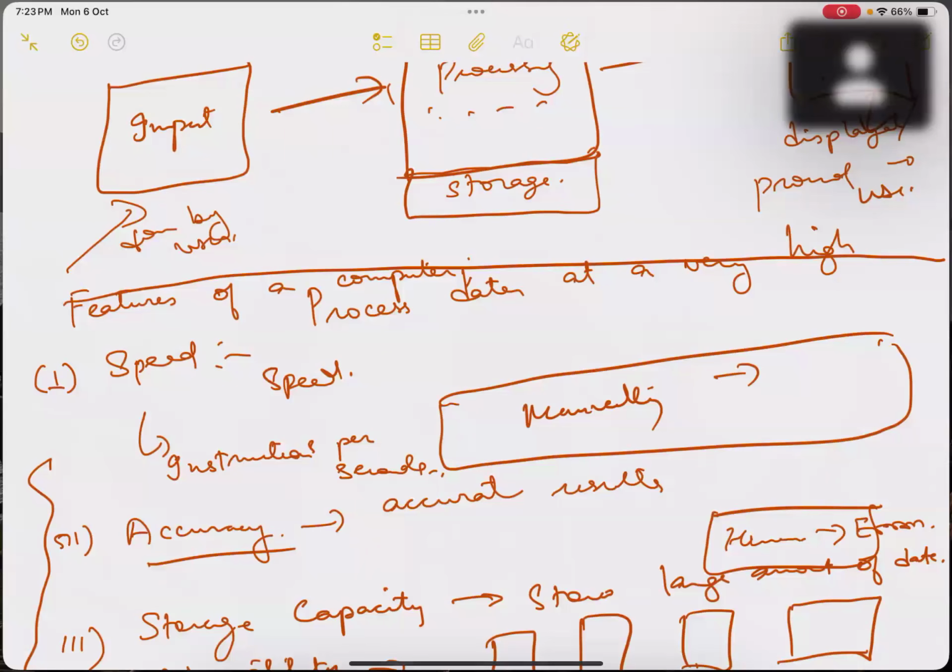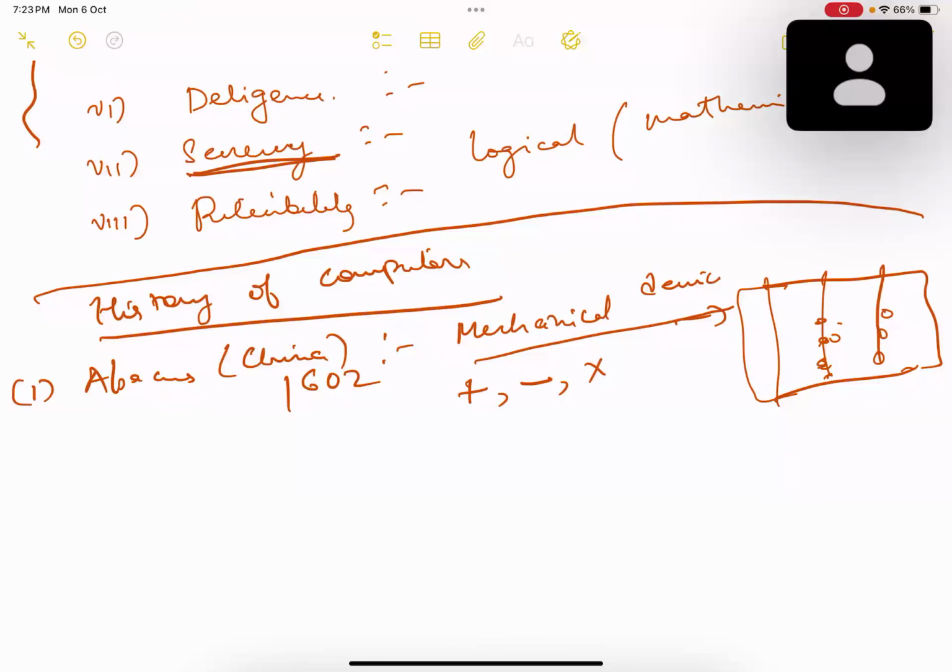So the abacus calculator, like I've mentioned, although a computer is defined as an electronic device, when we say abacus, we generally mean a mechanical device. It was not an electronic device because during that period the electronic components were not developed, and with the help of this, we perform simple functions like addition and subtraction.